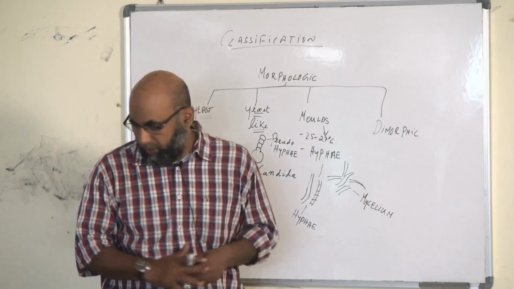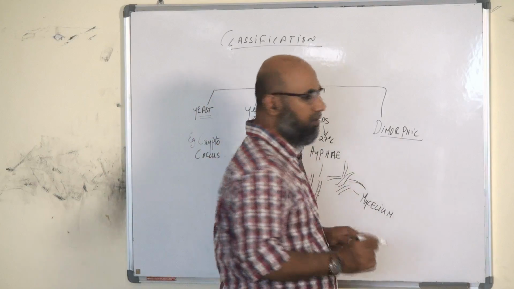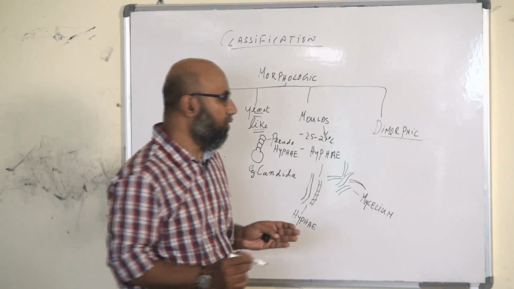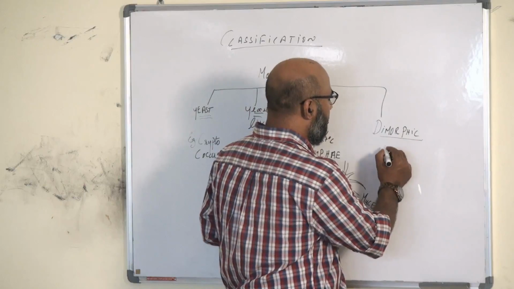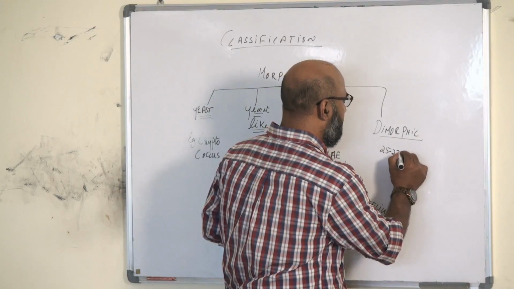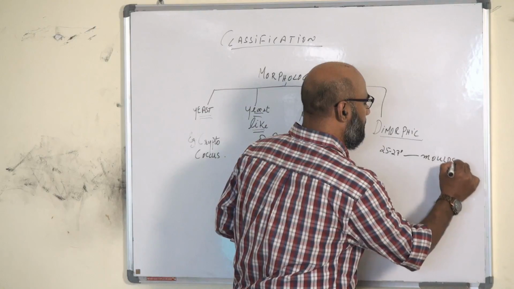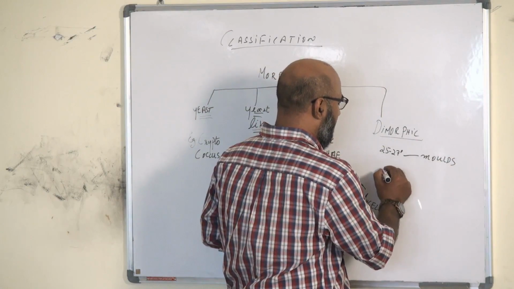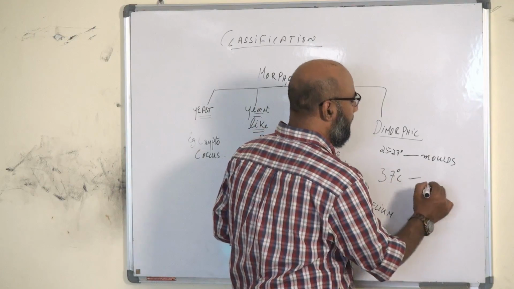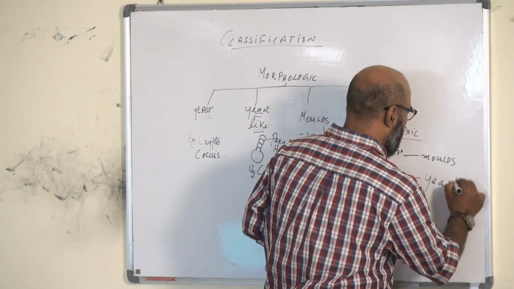Now, lastly, we come to the dimorphic fungi. As the name itself suggests, dimorphic means they have 2 morphologies at 2 different temperatures. At a lower temperature, that is again 25 to 27 degrees, they are molds, and at a higher temperature, which is 37 degrees, they are yeast.